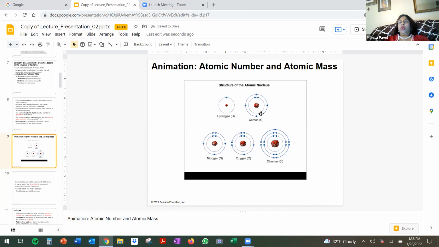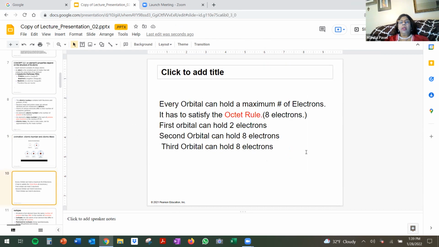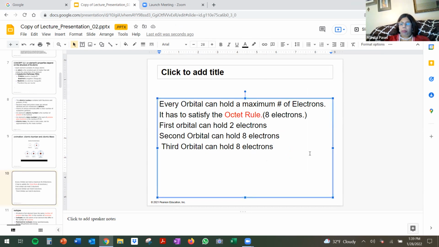So if the first orbital can hold 2 and carbon is 6, I'm going to put here as an example, carbon, which we normally don't spell. Carbon is 6. Therefore, what is it equal to?